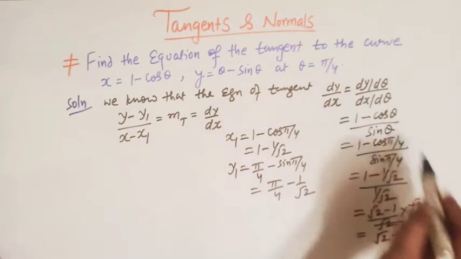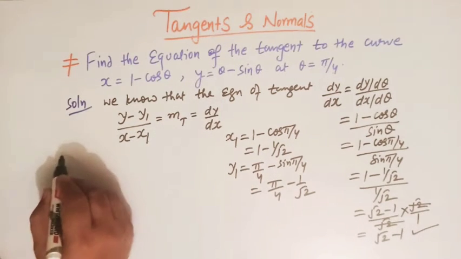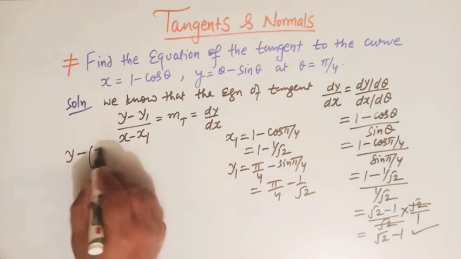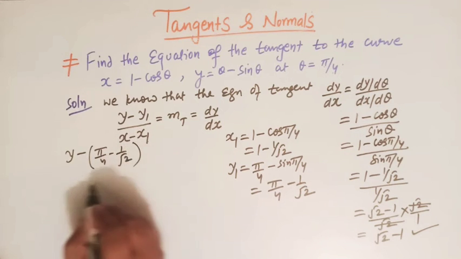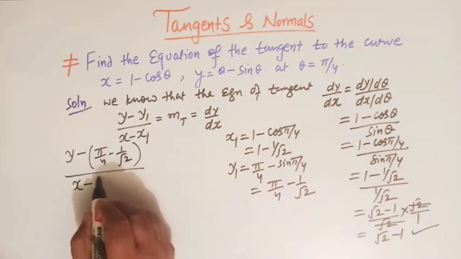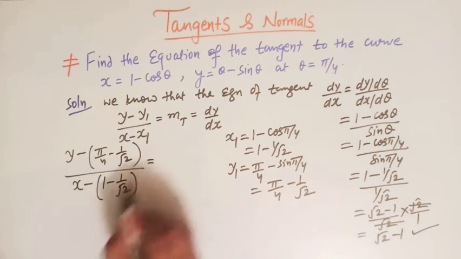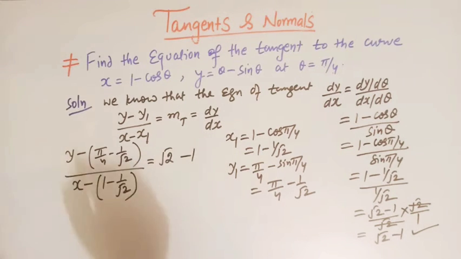Now substituting all these values here, the required equation is y minus y1, y1 is pi by 4 minus 1 by root 2, divided by x minus x1, x1 is 1 minus 1 by root 2, equal to square root of 2 minus 1, right?